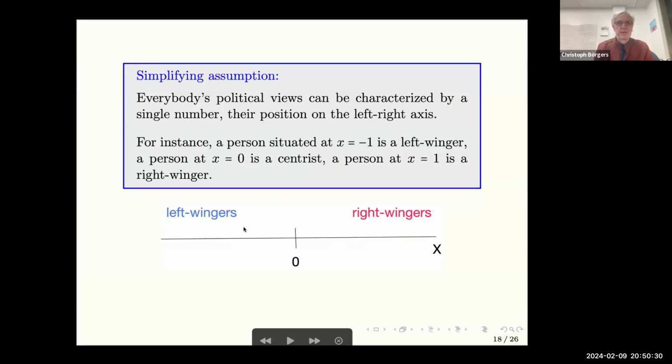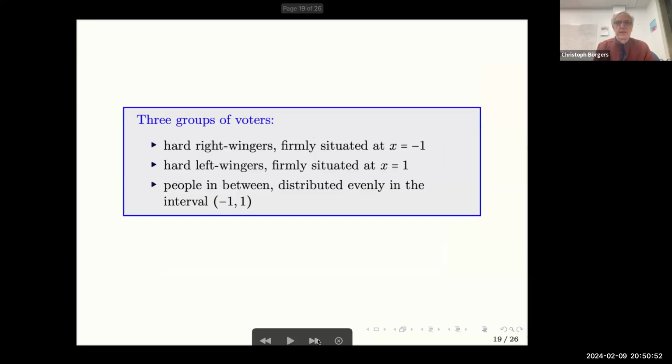We have a political spectrum, left-wingers to right-wingers. We think of this as the x-axis. Zero are the centrists. The left-wingers are on the left, the right-wingers are on the right. Everybody's views can be characterized by a single number, and whoever's number is negative is a left-winger, positive is right-winger.